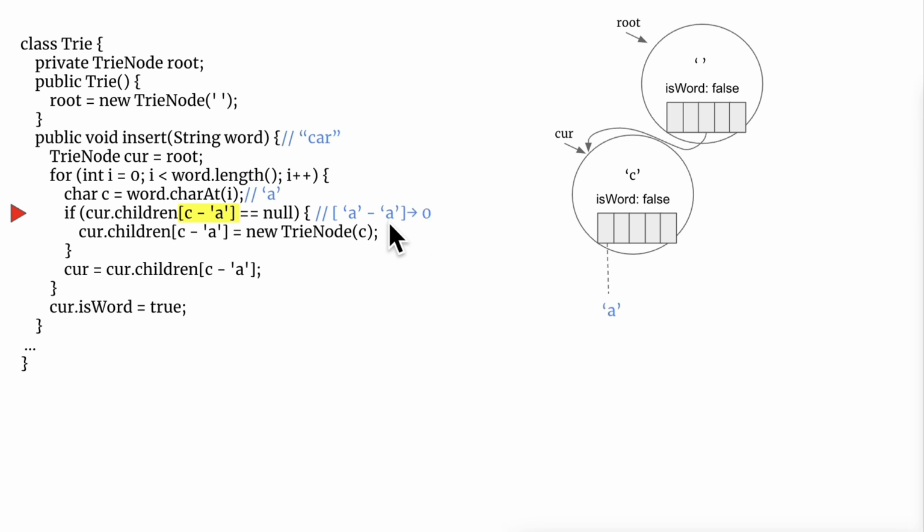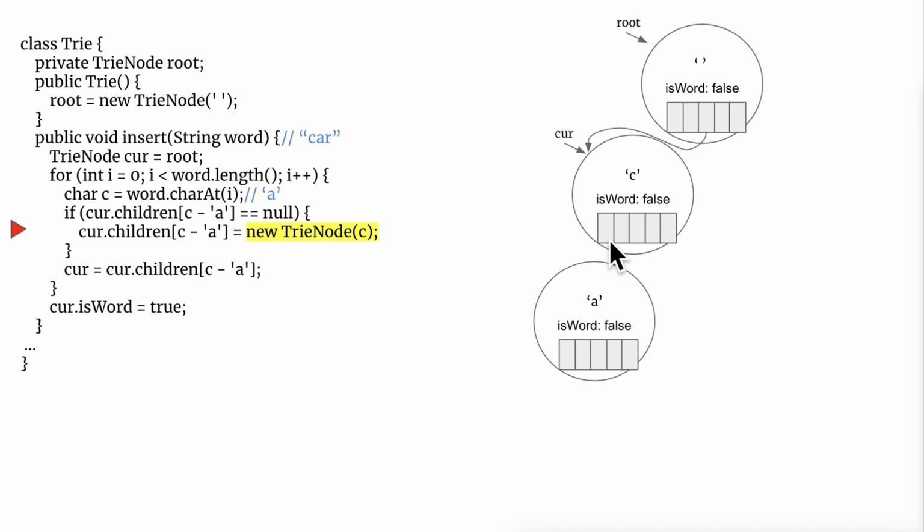We got the number 0, which is exactly the index where character A is supposed to be in this array. Obviously, for this trie node, each value in the array defaults to None, which indicates that there is no word starting with character A stored in this trie node.